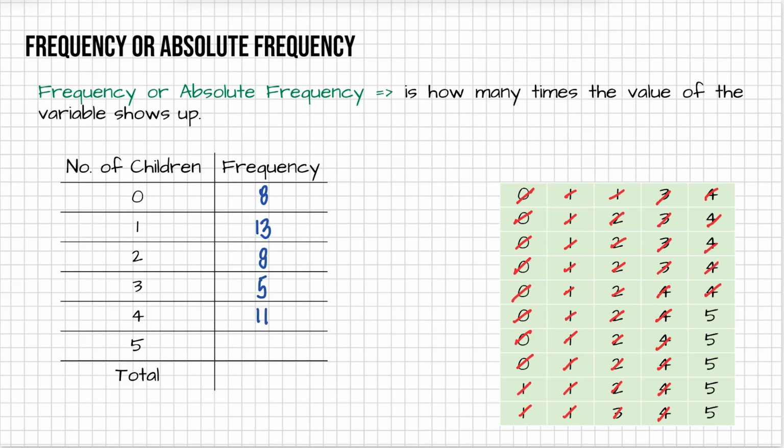And last, 5: 5 times. So now we've managed to boil all 50 data points down into one simple table.